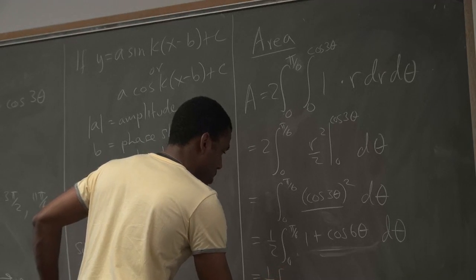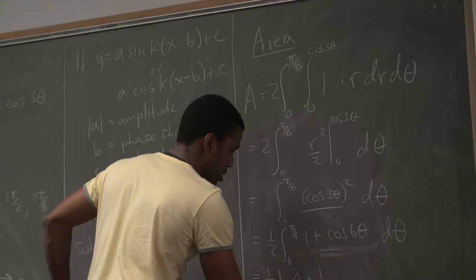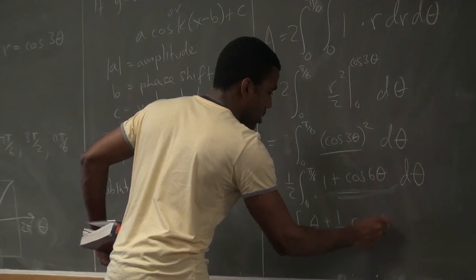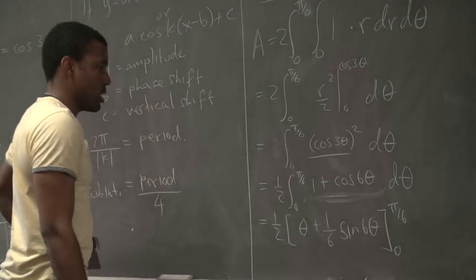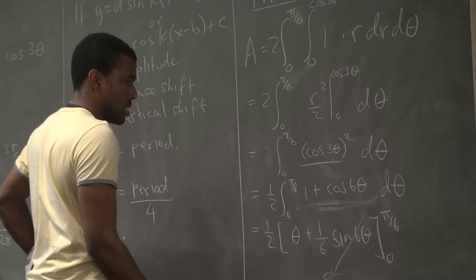That's going to be theta plus, well, this is going to be 0 anyway, but whatever, sine 6 theta between 0 and pi over 6. Now this guy's going to give you 0 in either case, so we just have pi over 6 times 1/2.